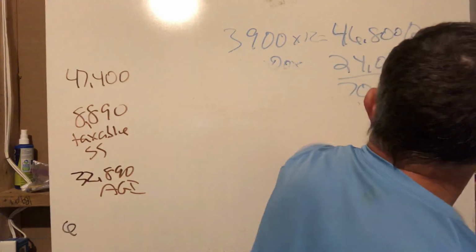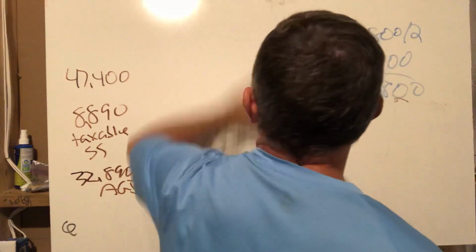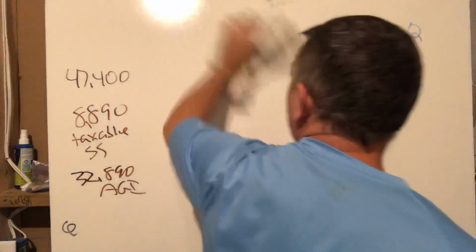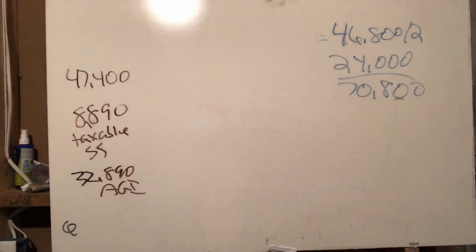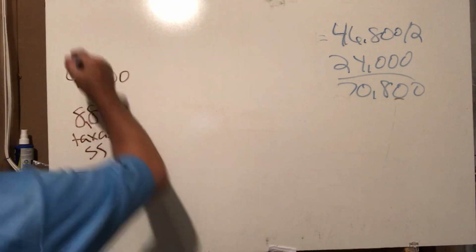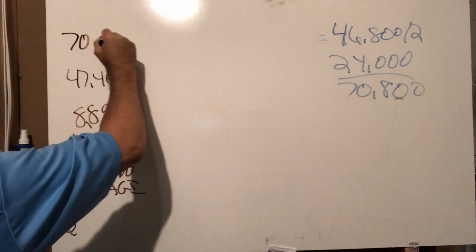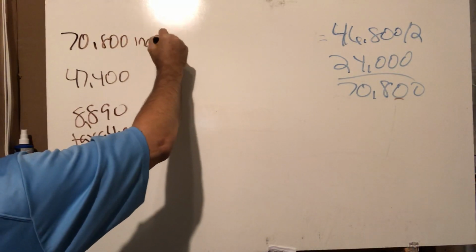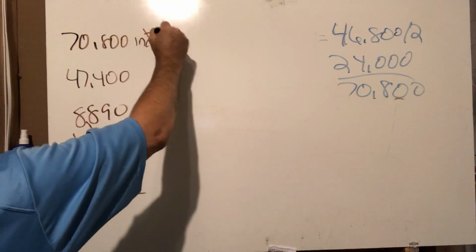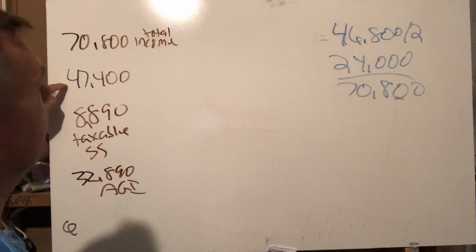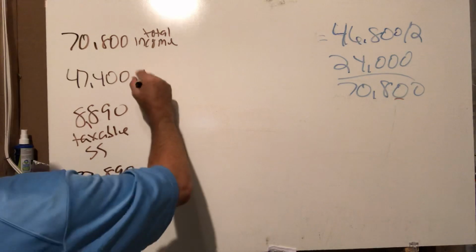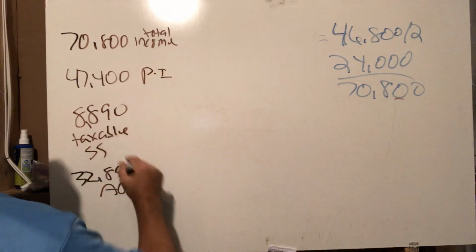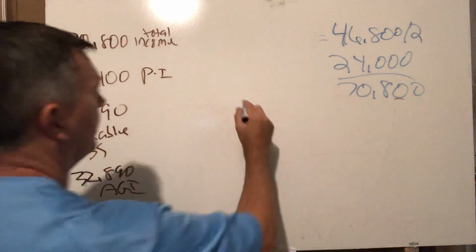So remember, they got $70,800 of income. Provisional income, PI. That's taxable Social Security. AGI.